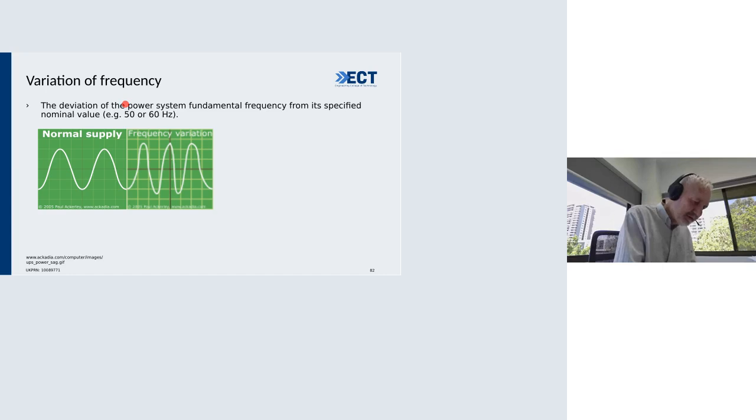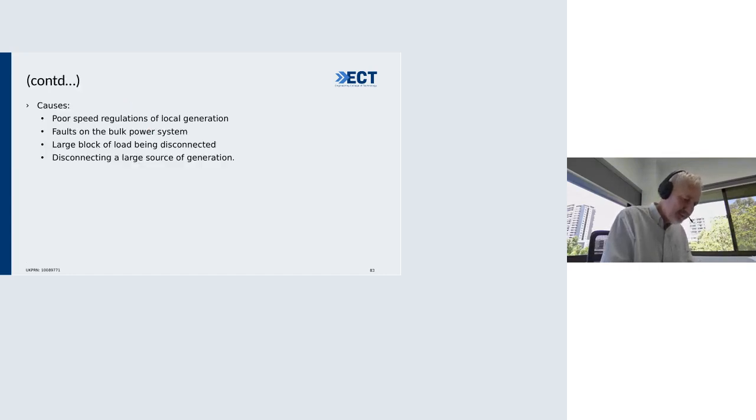Variation of frequency: we've got to keep it to 50 hertz, very important. These can cause some issues. Most of the time, this 50 hertz is the typical one in Europe and Australia, but 60 hertz in North America. Obviously, keep that frequency as close to that as possible.